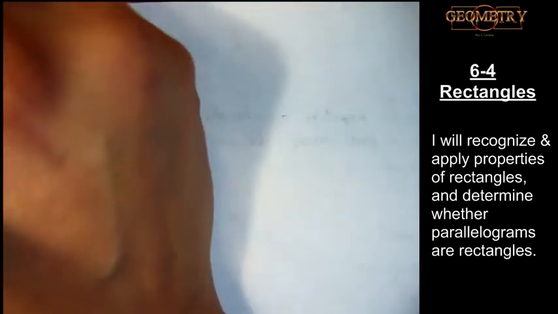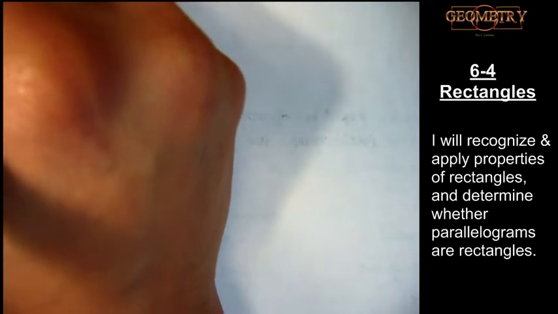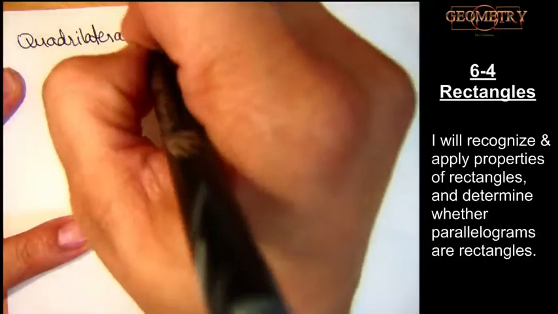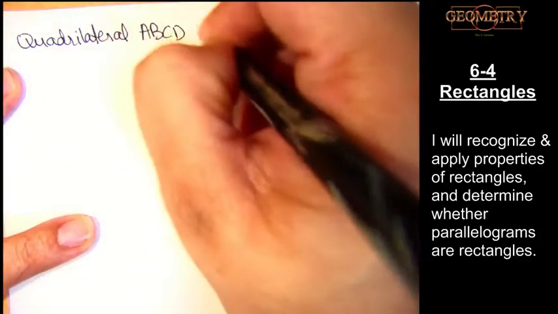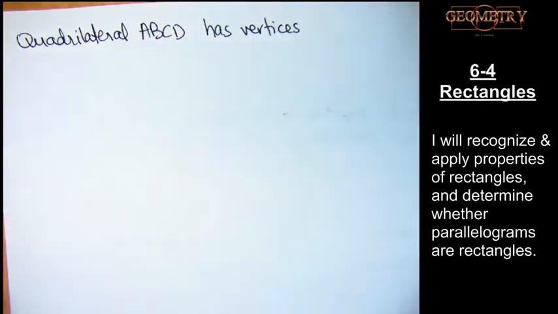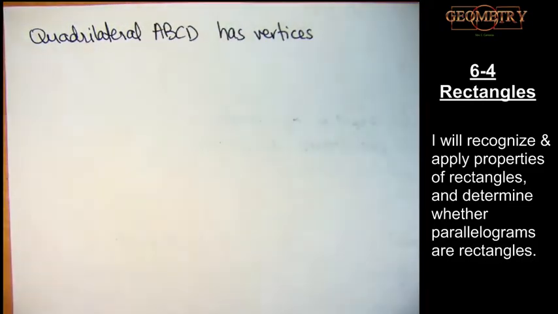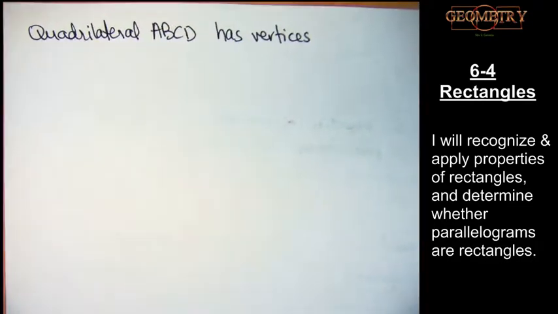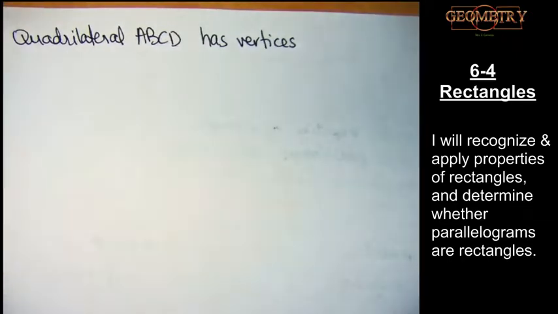All right, so the first thing to write is quadrilateral ABCD has vertices. There's some music going on kind of on this side of the room. If that's you, do me a favor, just turn it down. It's still going. It's a little high-pitched. There you go.